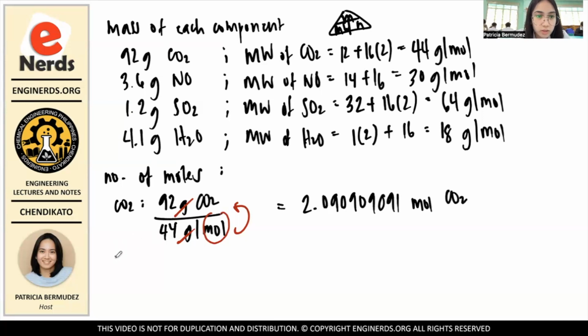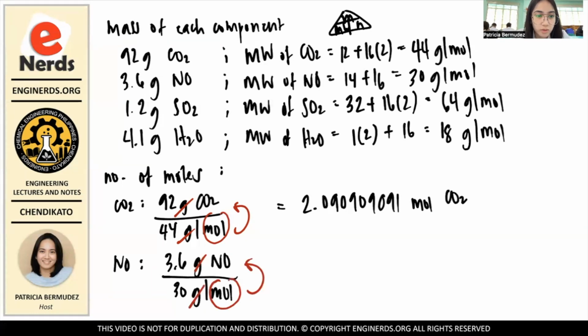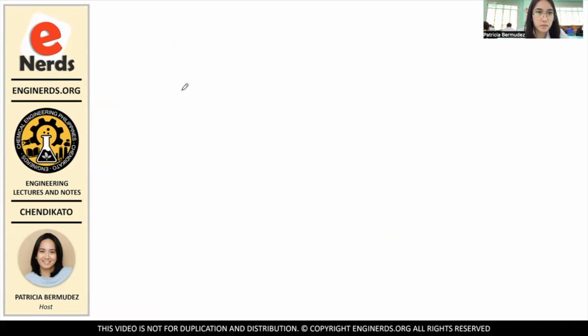And for nitrogen oxide, we have 3.6 grams divided by the molar weight, which is 30 grams per mole. And again, the grams will cancel and the moles will be left, which will be put in front. Okay. So 3.6 divided by 30, we have 0.12 moles of NO. And then next, we have sulfur dioxide.